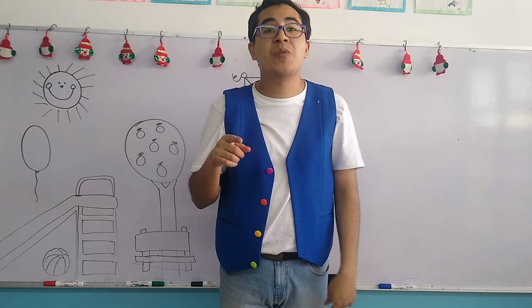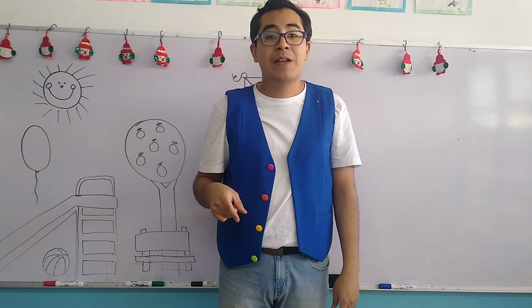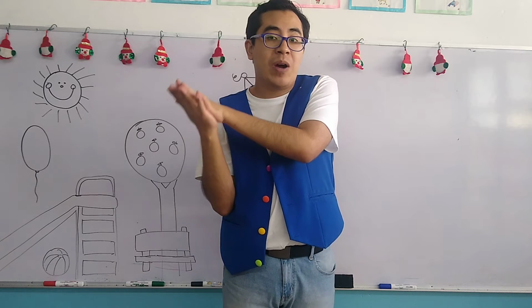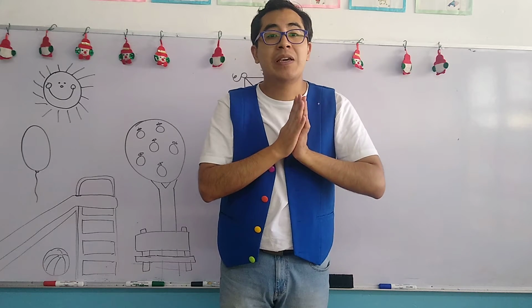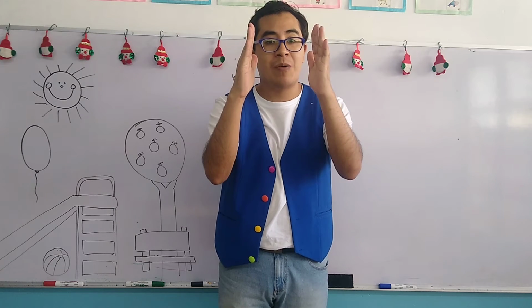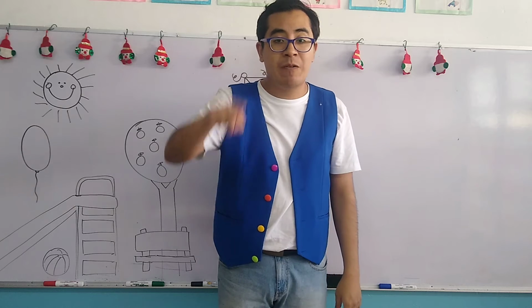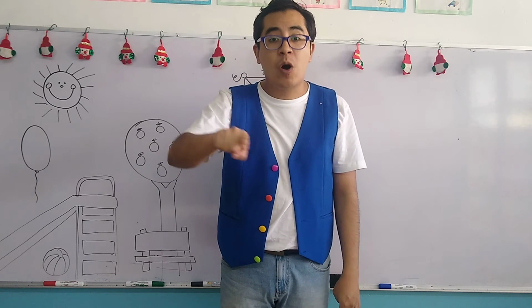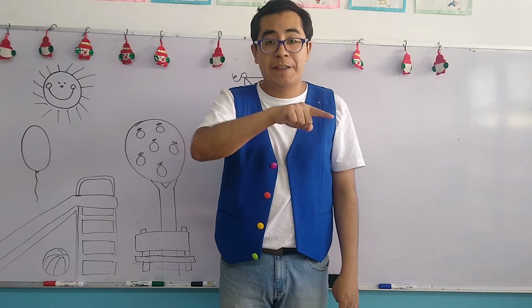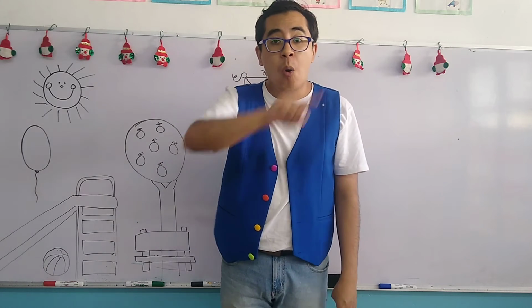Then we continued with the square, which is similar to a rectangle, but in this case is shorter, okay? Más corto que un rectángulo. Then we had the triangle that looks like a slice of pizza, like an ice cream cone, like the pine tree, okay? Then we had the oval.